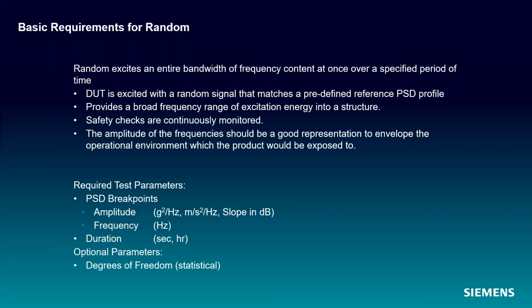And there's some optional parameters such as degrees of freedom, which may or may not be specified in a test plan. And we'll talk about what that means as well. The idea, though, here is that random is going to be a good representation of the operational environment the product's going to be in. So again, can't stress that enough. That has to make sense.